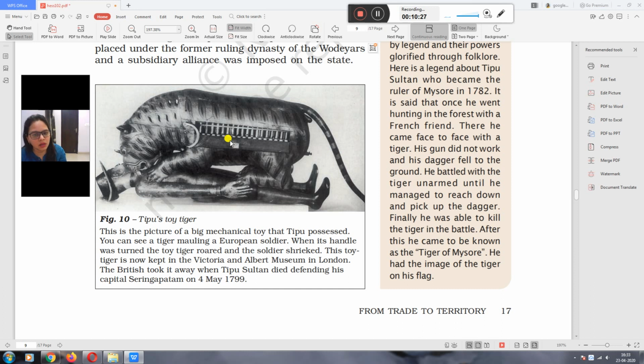The British took it away when Tipu Sultan died defending his capital Srirangapatnam on 4 May 1799.